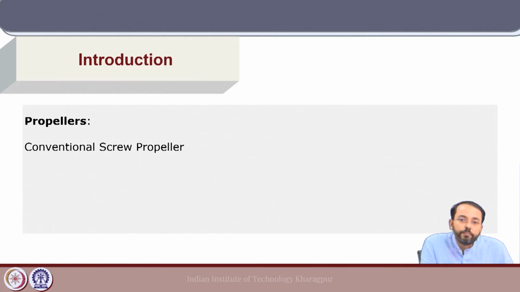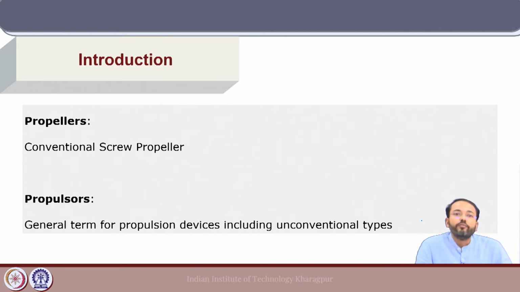The term propeller in general refers to the conventional screw propeller, which forms the basis of this course, and we have discussed different aspects of hydrodynamics for a conventional screw propeller. On the other hand, when we use the term propulsor, it is a more generic term.